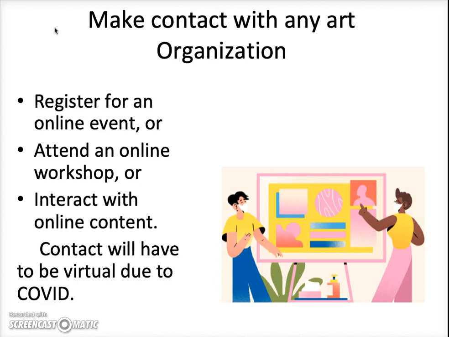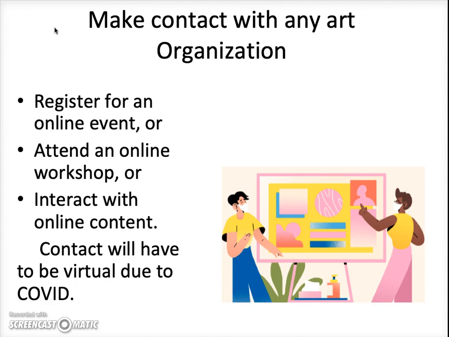So in Contact, I'm asking you to make contact, okay? Register for an online event with your potential organization. Attend an online workshop with your potential art organization, or interact with online content. So make contact. If you're interested in Inside Out Studio, go to their website, seek out their virtual workshops, their virtual online content.